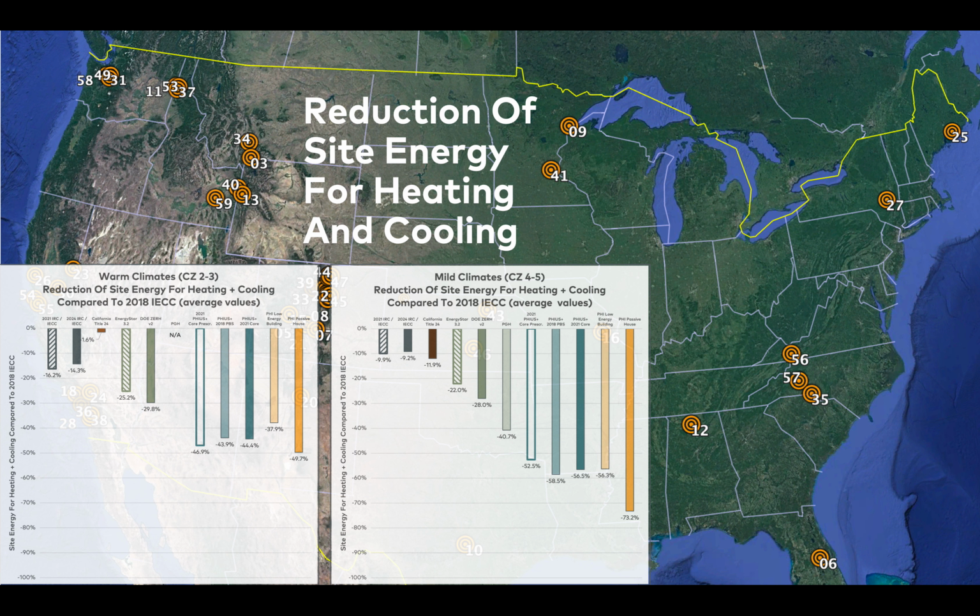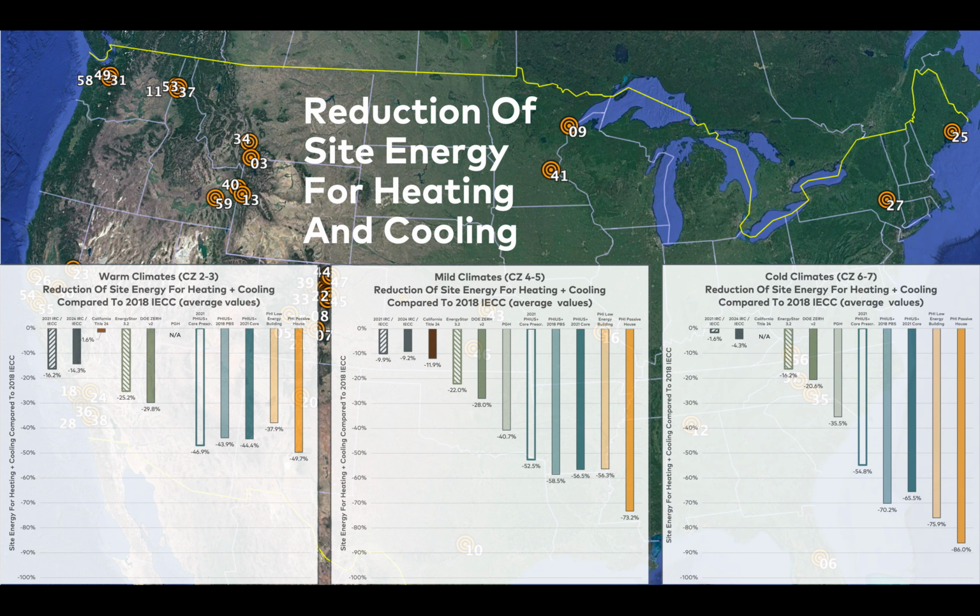And when it comes to cold climate zones, climate zone 6 and 7, you see that the least performing is the 2021 IECC, and the most performing one is PHI Passive House with 86% reduction for heating and cooling compared to the 2018 IECC, with PHIUS and Low Energy Building around 70 to 75.